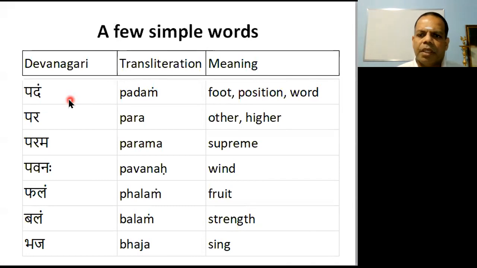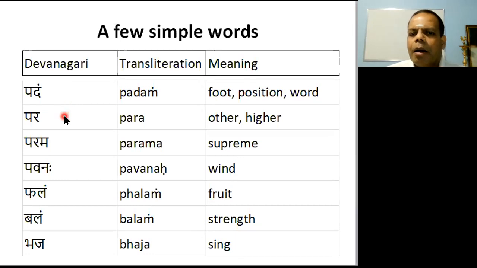Actually for each of these words there are many meanings, but I have just picked up meanings which you may normally come across in the context of a bhajan or some Swami's talks. So I've only chosen those meanings, but those words can mean many more than what I have listed here.